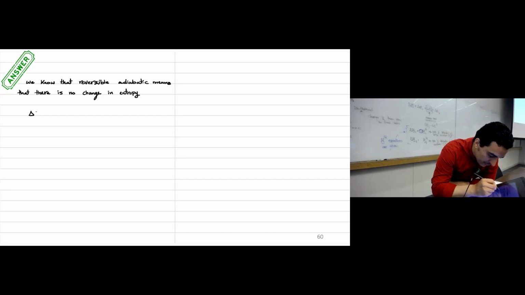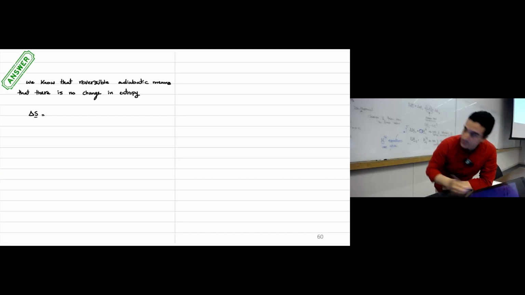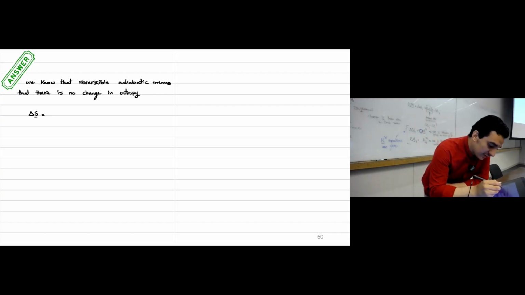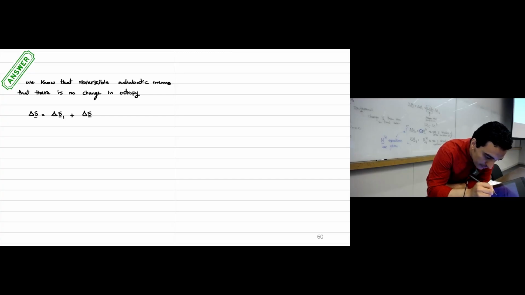The molar change of the entropy, if we use this equation, will be delta S1 plus delta S2 plus delta S3.